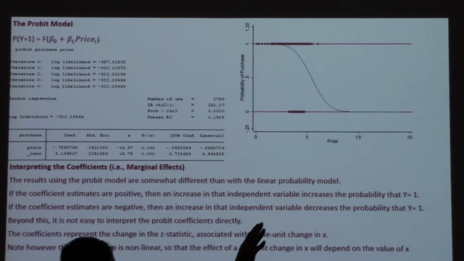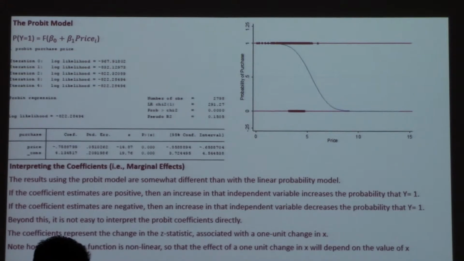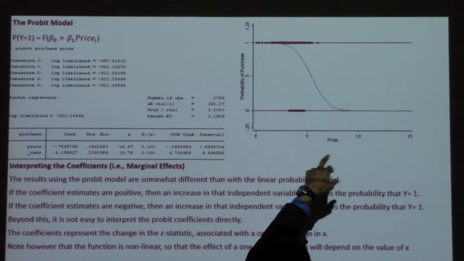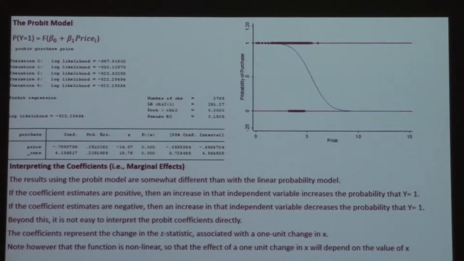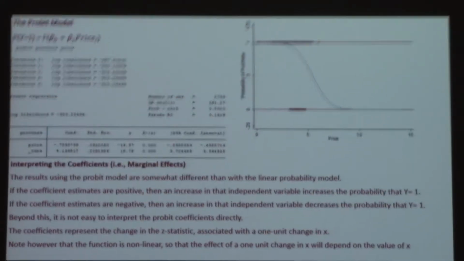So the effect of a price change is going to be relatively small. At prices at the other extreme, these are people that have already made up their mind to either not buy, on this flat portion, or buy, on that upper flat portion. The slope is close to 0, so price has very little effect.